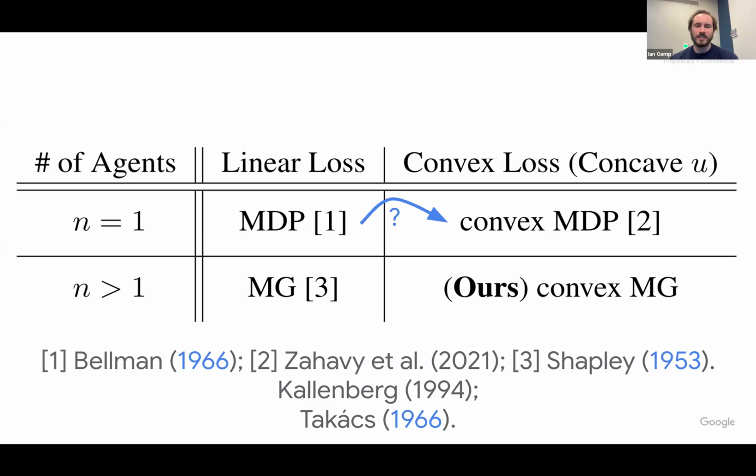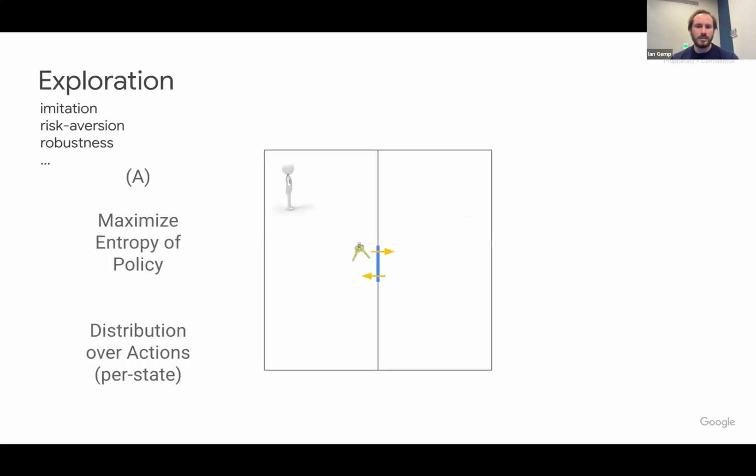First, I'm going to go over some intuition as to why you would want to construct a convex MDP and what people are using it for. One of the most popular uses is to encourage exploration. I think Elad Hazan explored this in a paper in 2019, this specific instance of the problem, but people have also used the convex MDP framework to imitate certain policies in RL, and for risk aversion, robustness, and other uses.